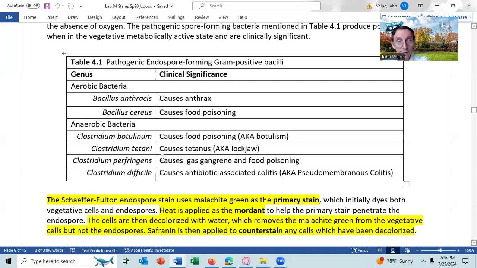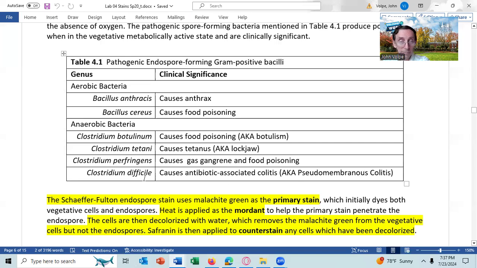Clostridium tetani causes tetanus, also called lockjaw. Clostridium perfringens causes gas gangrene and food poisoning. And Clostridium difficile, also called C. diff, causes antibiotic-associated colitis, also called pseudomembranous colitis.